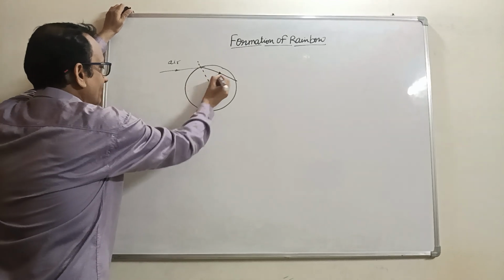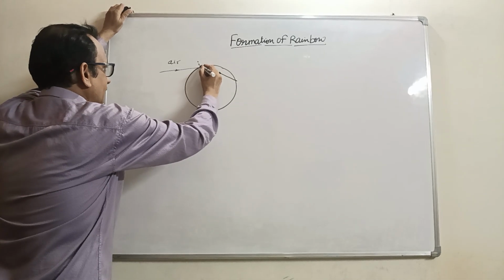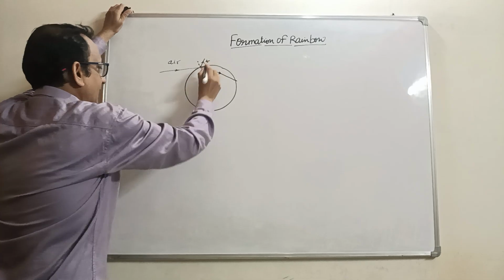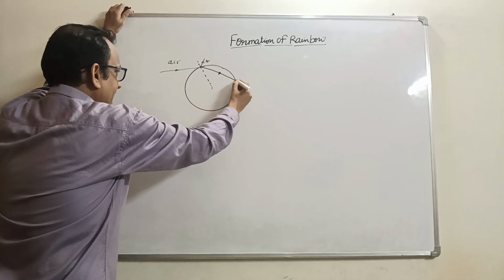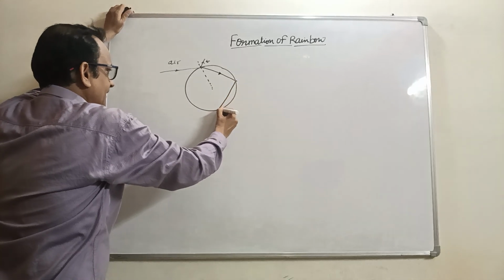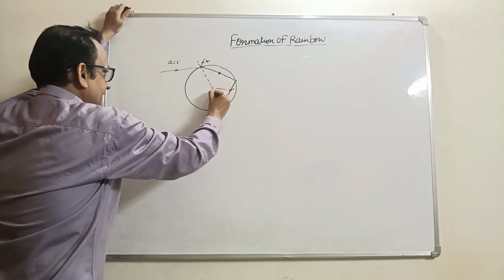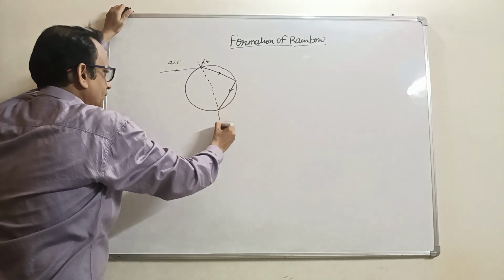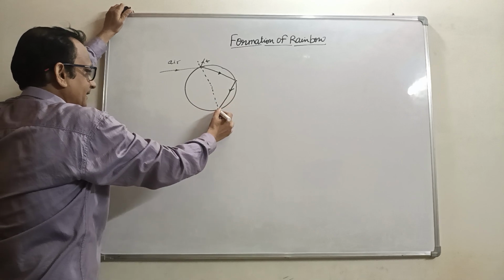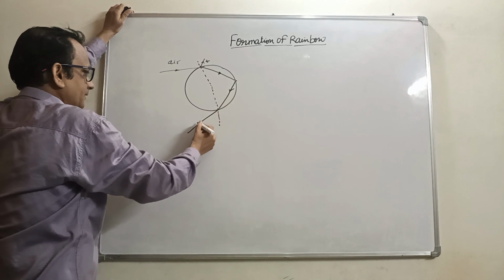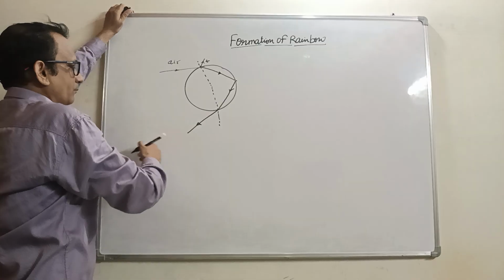This is air. So this is the reflected ray, this is the refracted ray, and some part of the ray is transmitted here, and some part is reflected here. Again there is reflection here, and finally this is the optical normal here. We know when a light ray comes from the denser to the rarer medium, it moves away from the normal. It bends away from the normal.